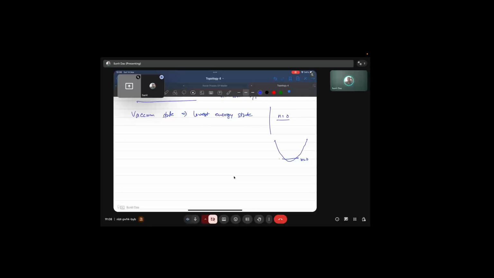Then we had a wave function something like this, right? It's like a Gaussian, and then the n equal to one case was something like this.